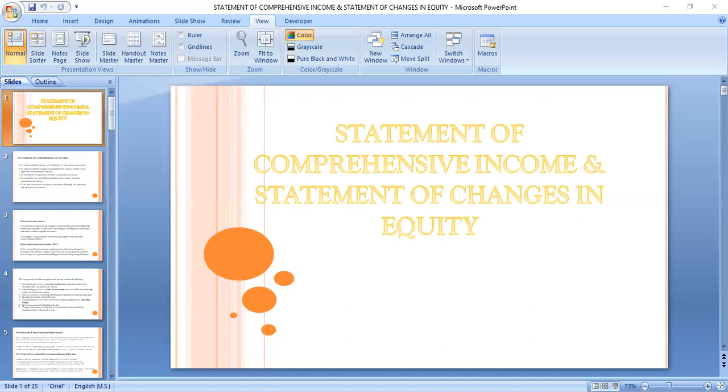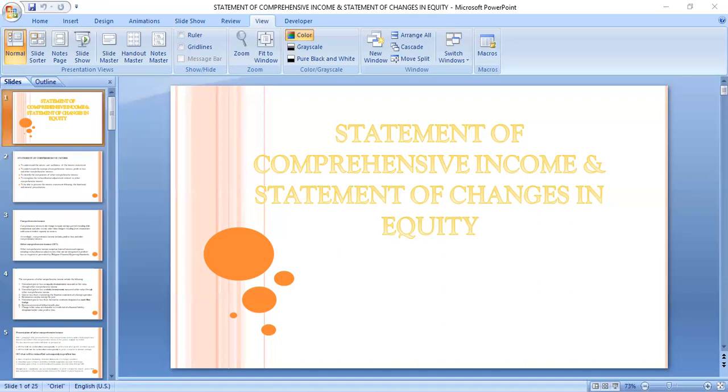So we have now this statement of changes in equity being a formal statement that shows the movements in the elements or components of shareholders' equity and shall present a statement of changes in equity showing total comprehensive income for the period. For each component of equity, the effects of changes in accounting policies and correction of errors.